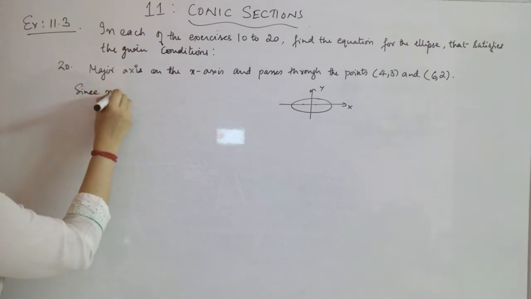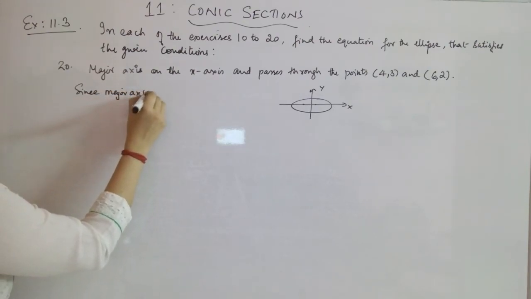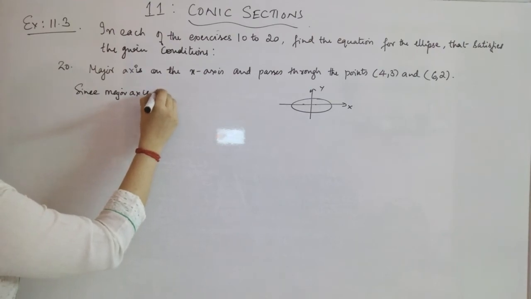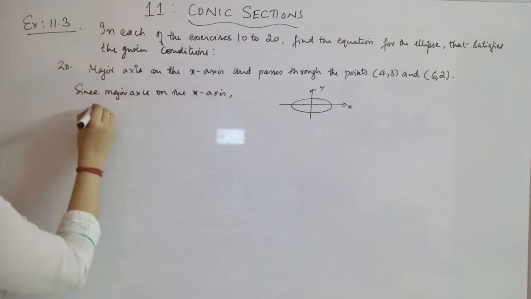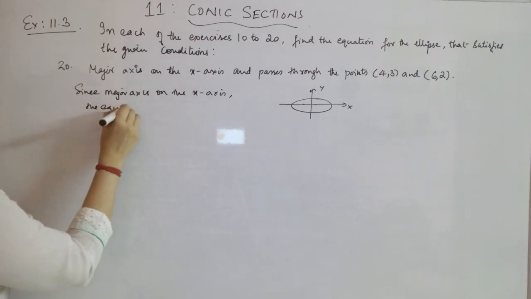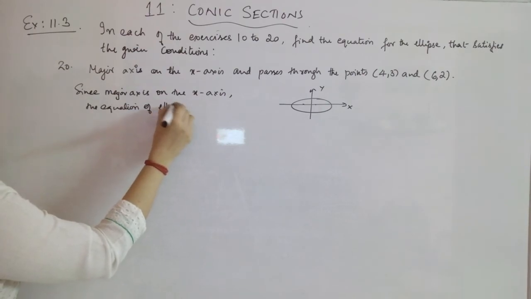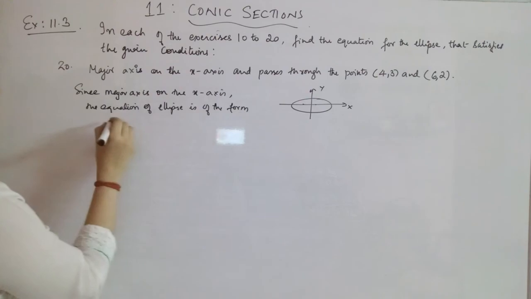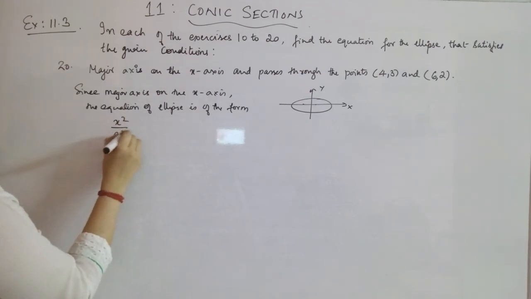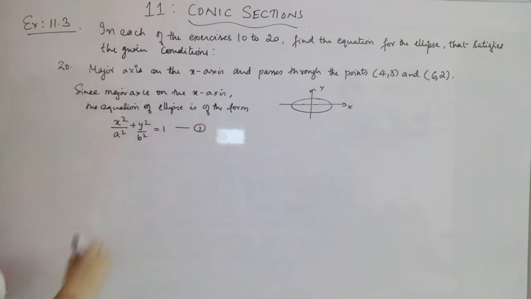Since major axis is on the x-axis, the equation of ellipse is of the form x square by a square plus y square by b square equal to 1.